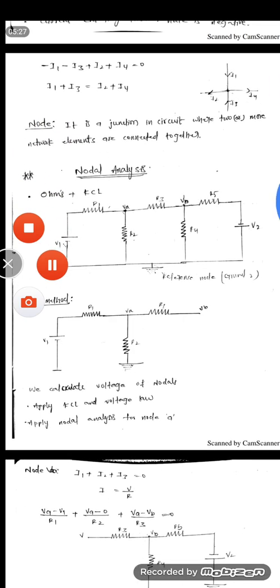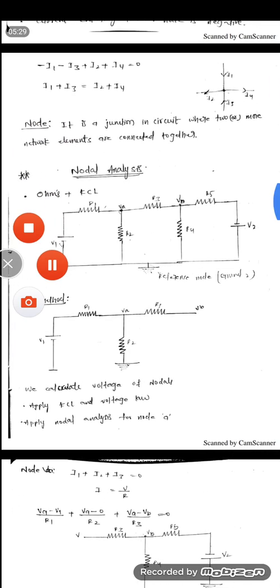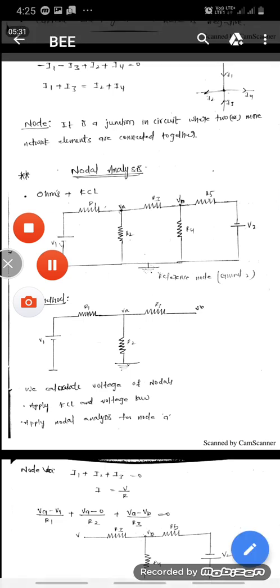Nodal analysis. The name indicates that it's a matter of nodes, a combination of Ohm's law plus KCL. So what is KCL? At a particular junction, the sum of all the currents is equal to 0, or currents entering the node are equal to leaving currents.